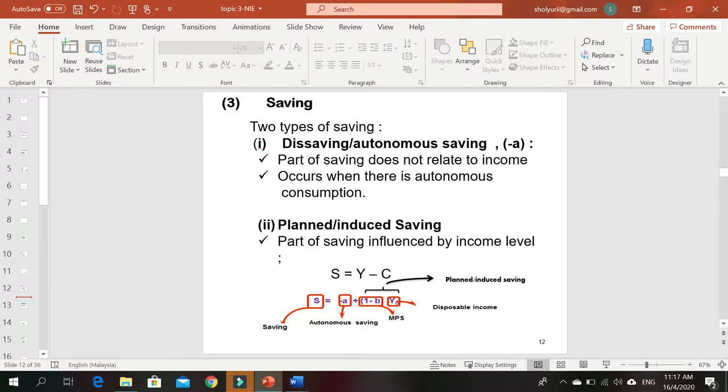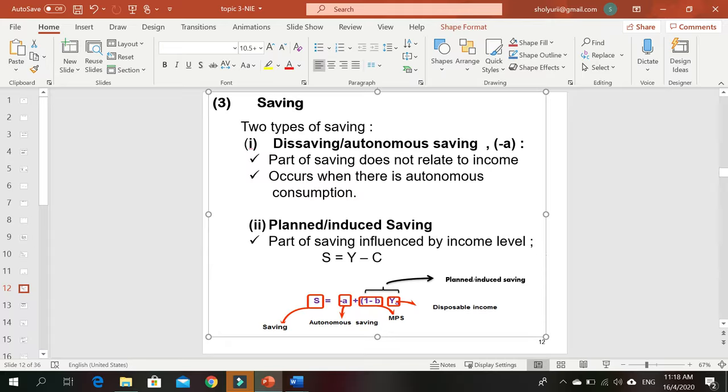So, sebab ini adalah a part of saving does not relate to income. Ia tidak ada kaitan dengan income. It occurs when there is autonomous consumption. Bila ada autonomous consumption, automatically akan ada autonomous saving. Okay. So, yang kedua adalah planned ataupun induced saving.